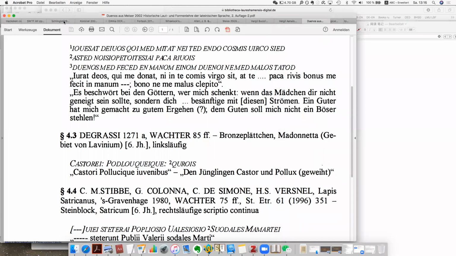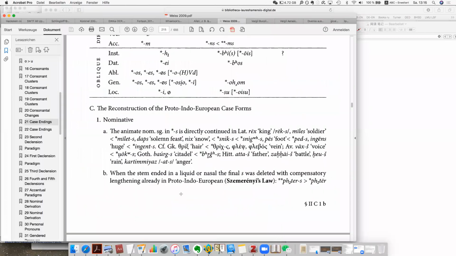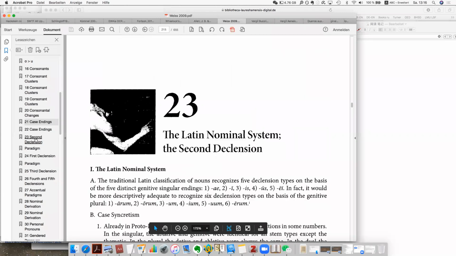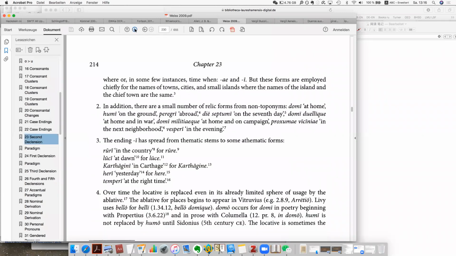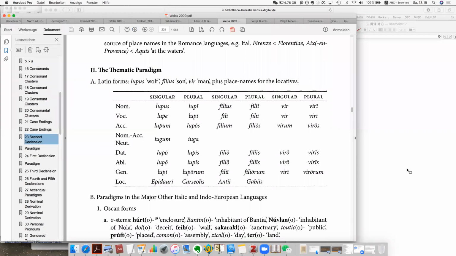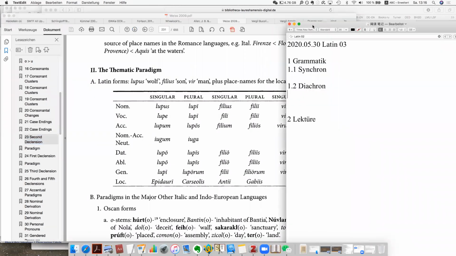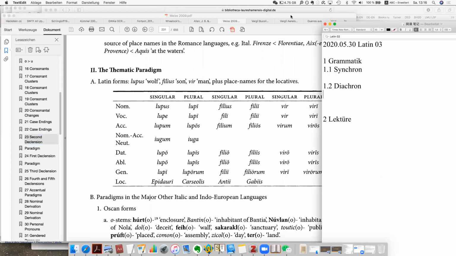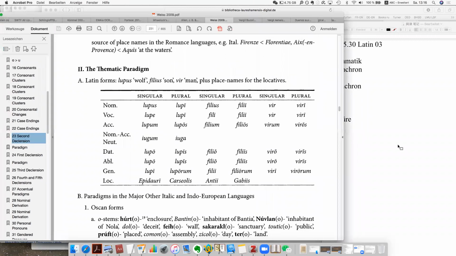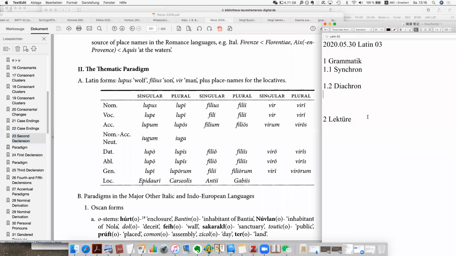Still, we use a textbook by Michael Weiss. And today we talk about some general information about the declension. Actually, the most important declensions in Latin are three kinds of declension.